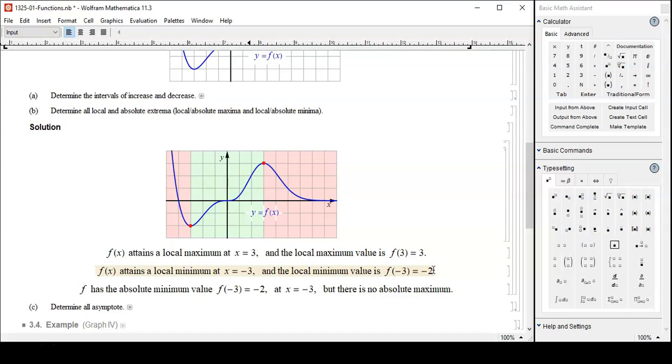Should be only one I. And finally, f has absolute minimum at x equal to -3 with absolute minimum value of -2, the y-coordinate. But there's no absolute maximum. It goes on forever toward infinity, and infinity is not a real number. So whenever you have something infinity, then it's same as not existing within the realm of real number system.